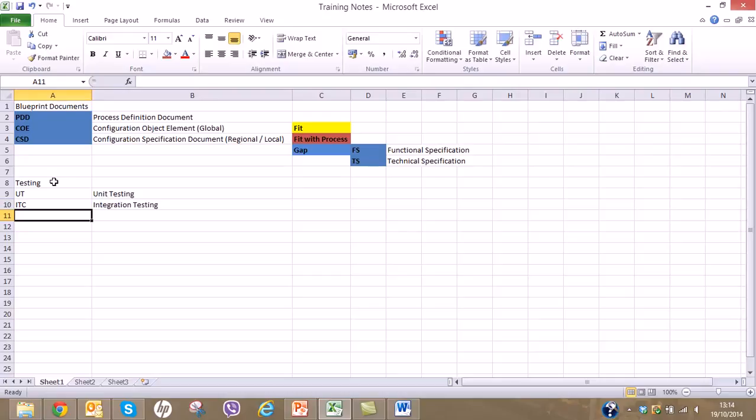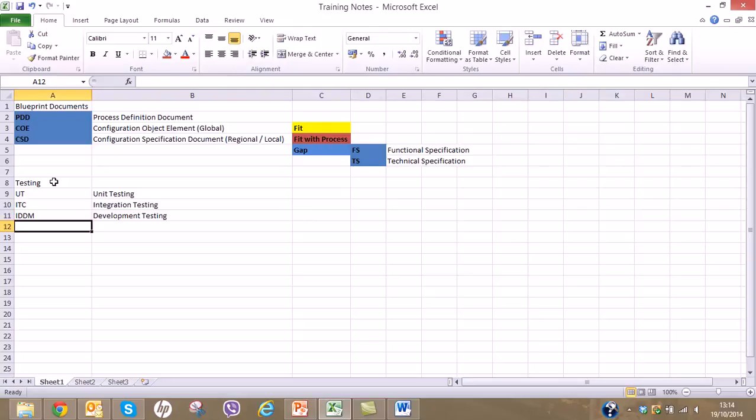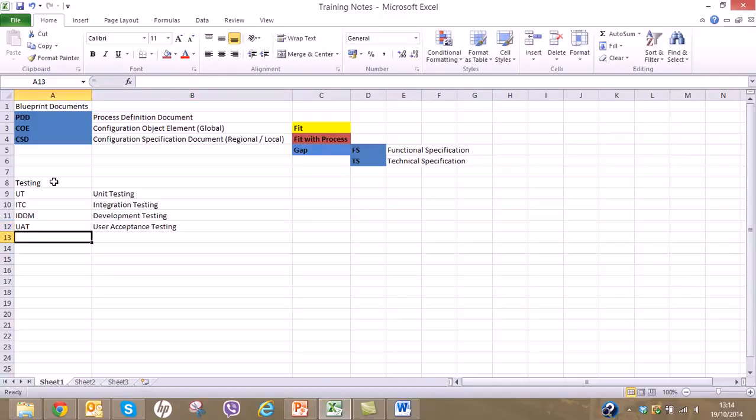The third one is development testing. The next one is UAT, user acceptance testing. Then regression testing, RT.